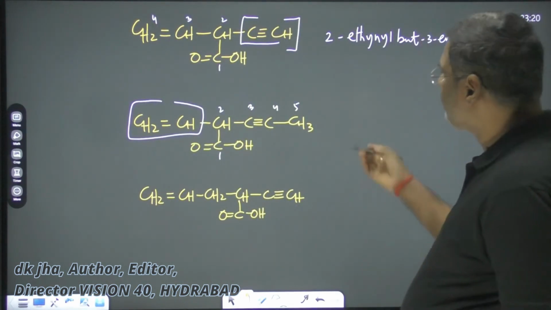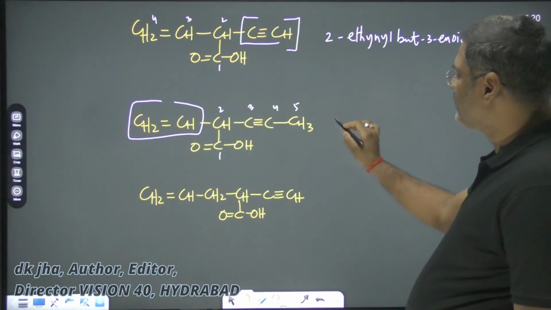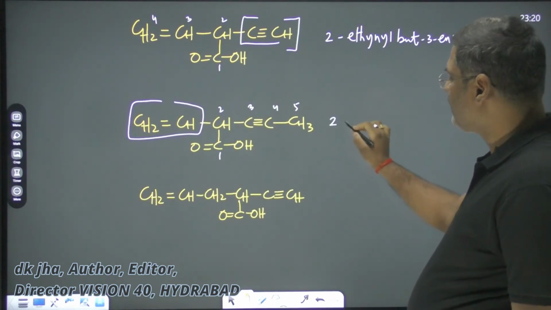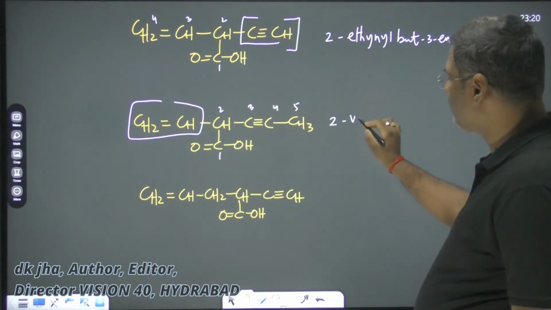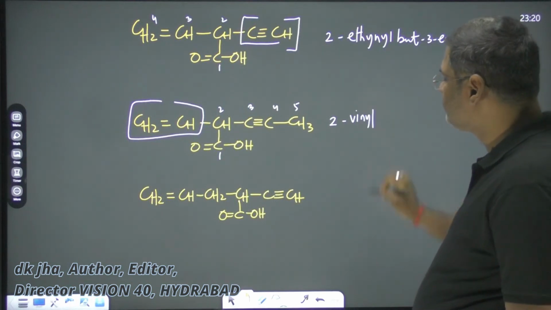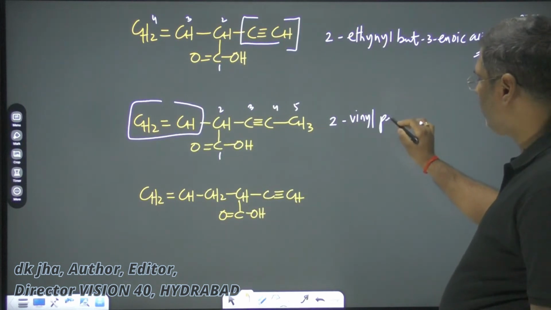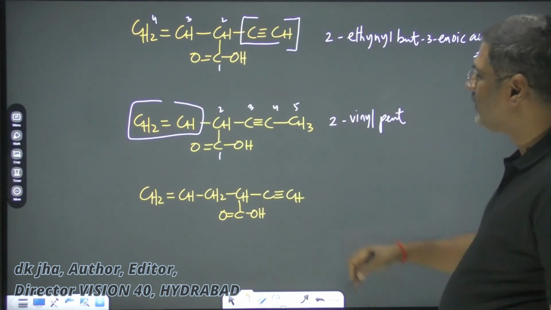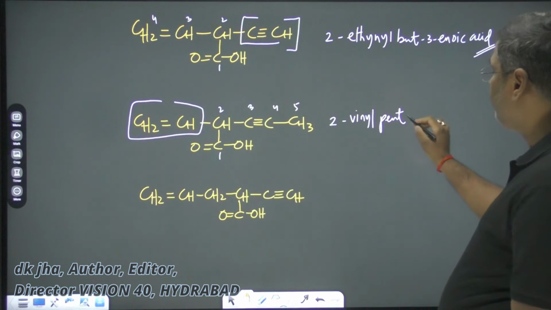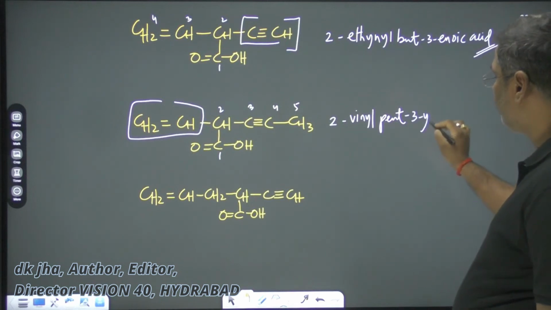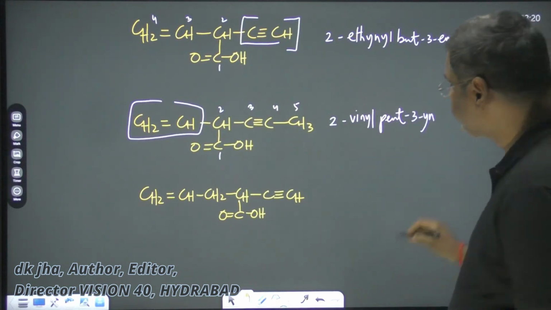So, now what will you say? You will say this one. On the second position, we have substituent, that is the 2-vinyl. And this one is pent, 5 carbon atoms. Pent. Triple bond is there, the 3-yn, oic acid.